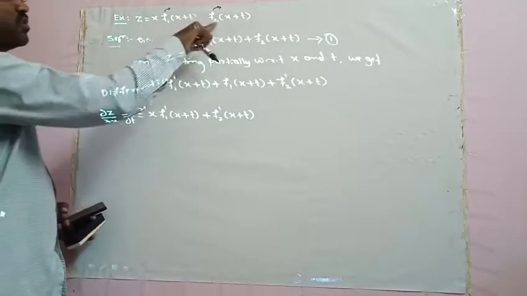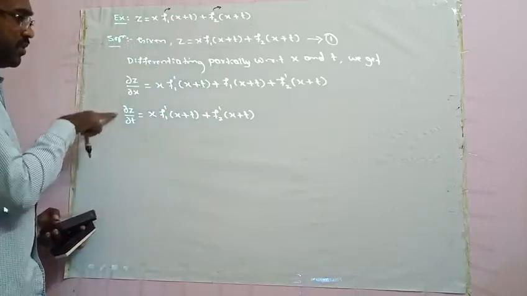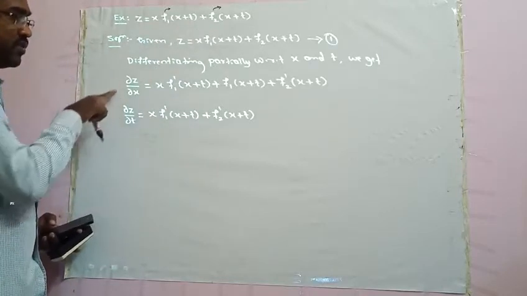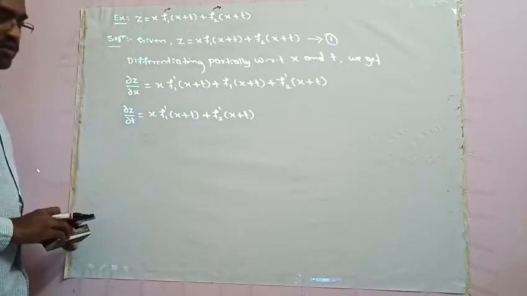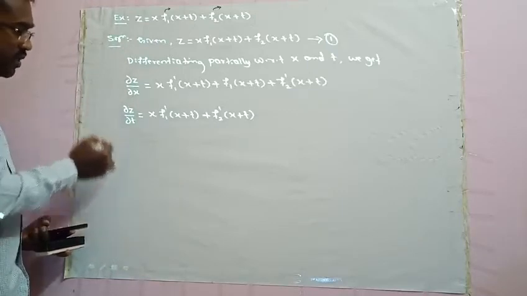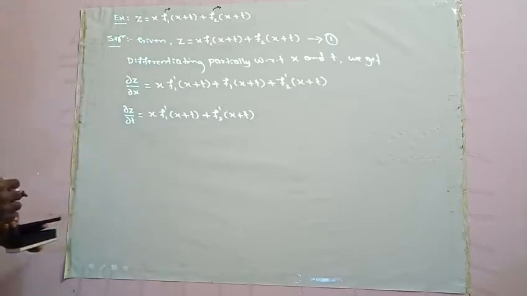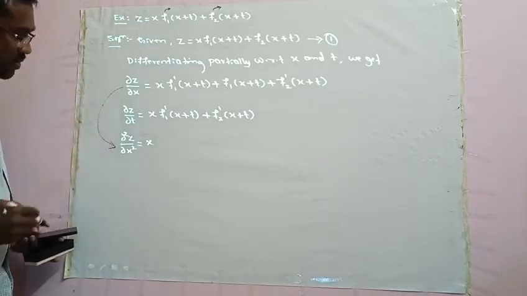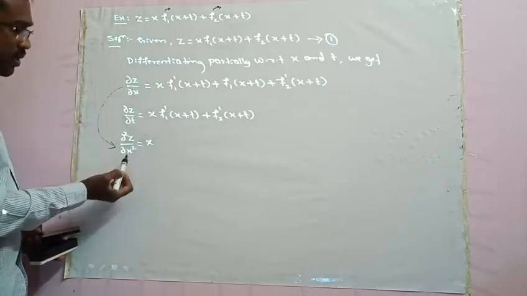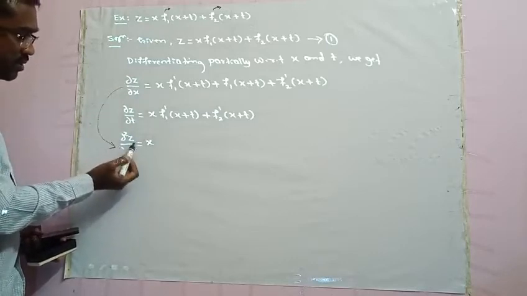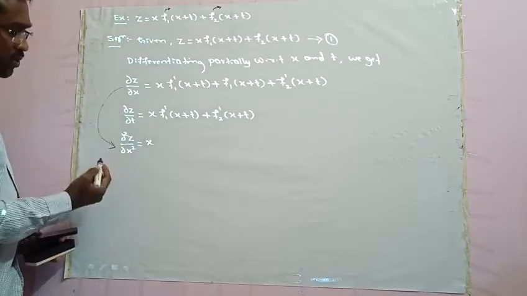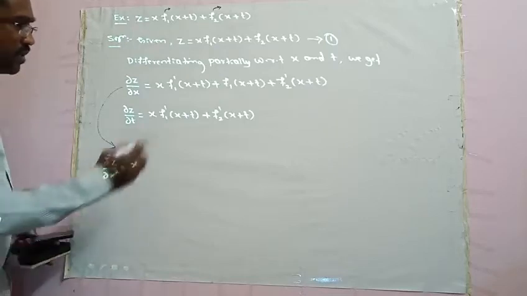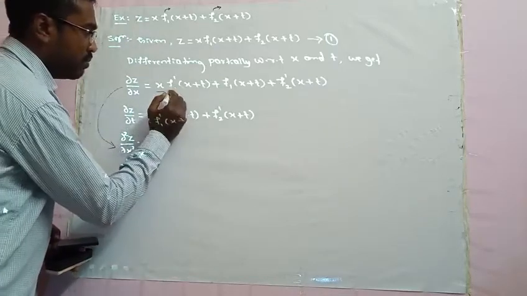Since we have two functions, first order derivatives are not sufficient to eliminate the functions. So we will go for second order differentiation. If you differentiate dou z by dou x once again with respect to x, we need to use the product rule.